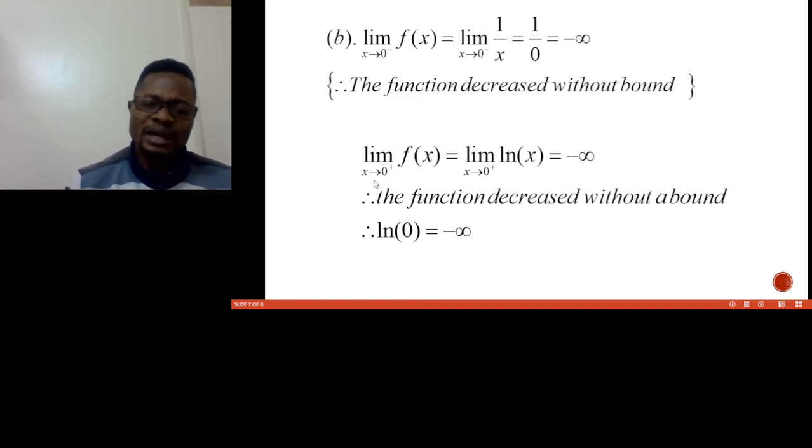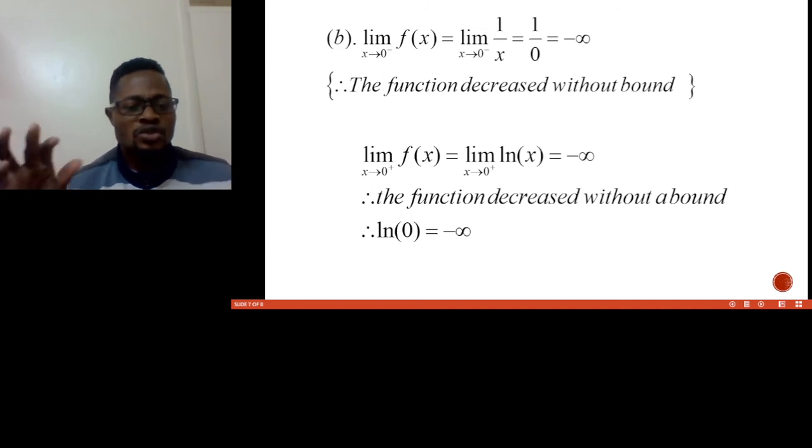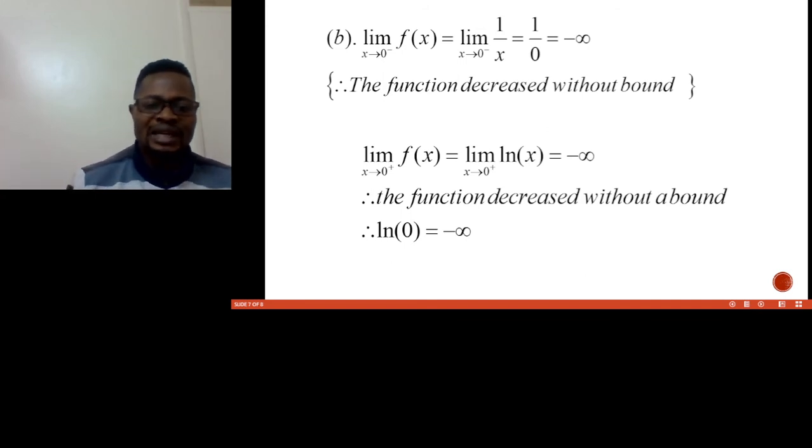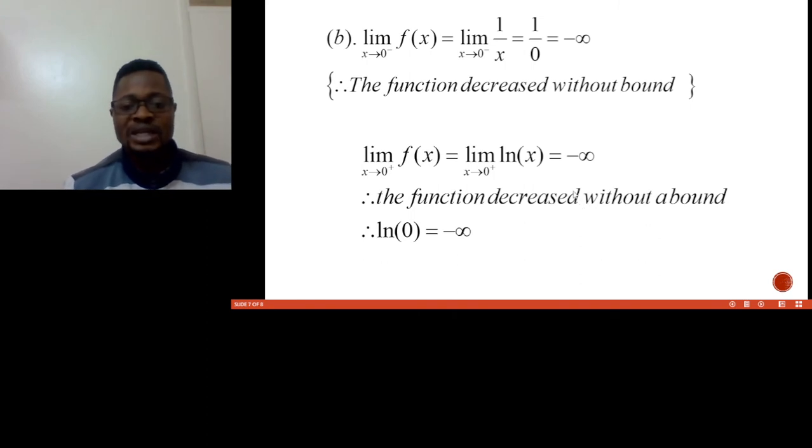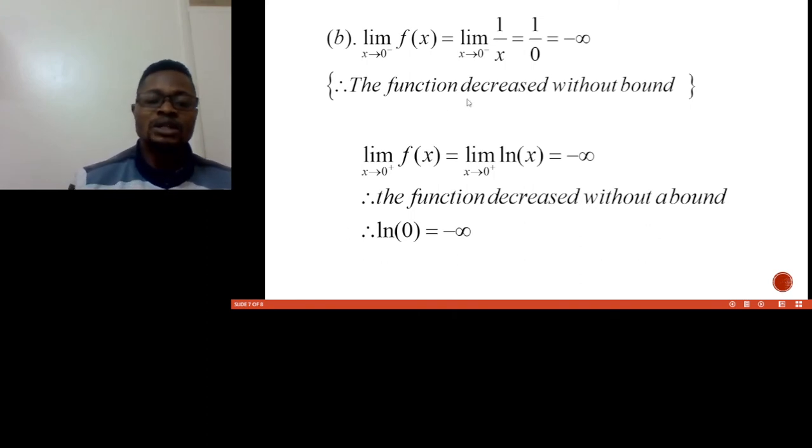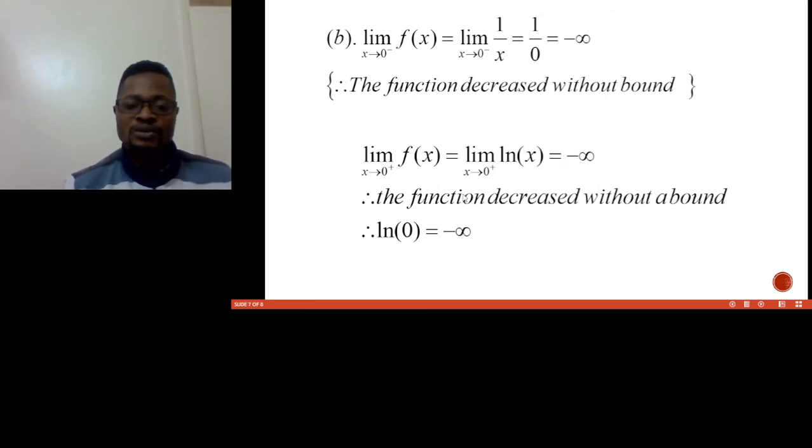So let us find the limit as x tends to 0 from the right. When x tends to 0 from the right, according to the function we were given originally, we will use ln of x. If you are new to this channel, you can watch the previous video where I find the derivative of ln of x and also the integral of ln of x.